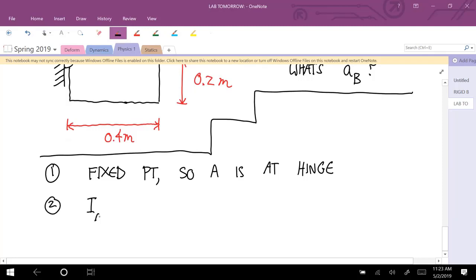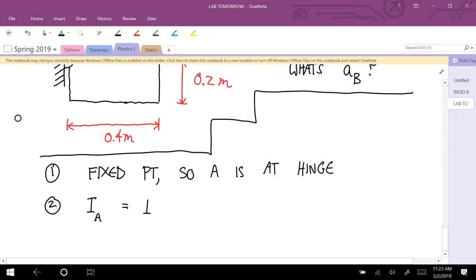So the mass moment of inertia at A is equal to, do we have to use the parallel axis theorem on this? No. 50% chance. The only time you don't have to use the parallel axis theorem is when the about point is the center of mass. This one, the about point is that hinge over on the left and top, so we're going to have to use it.